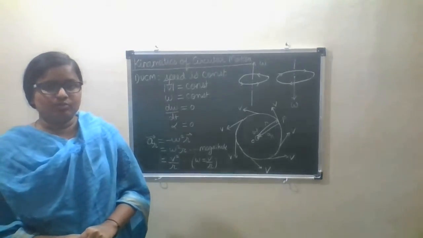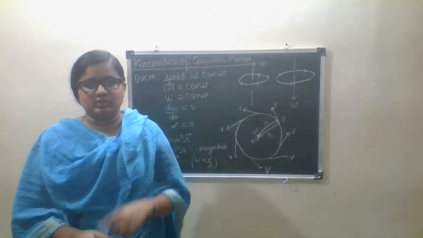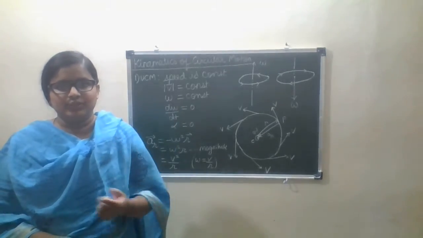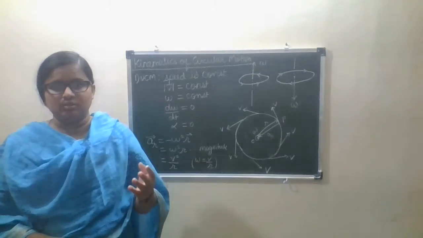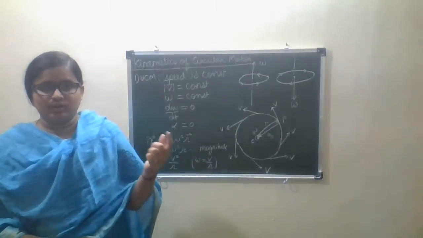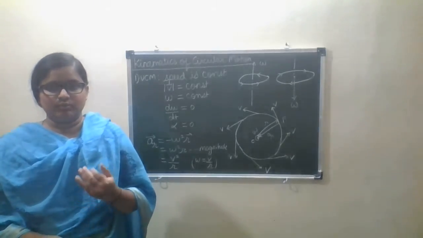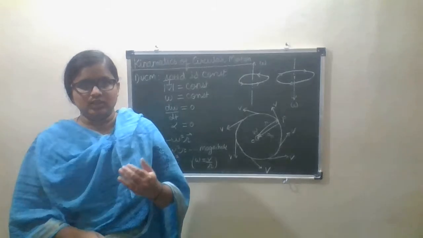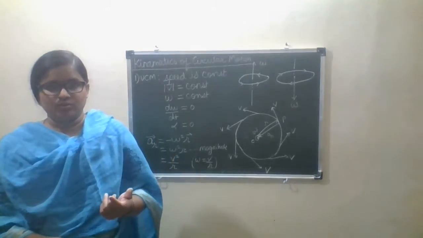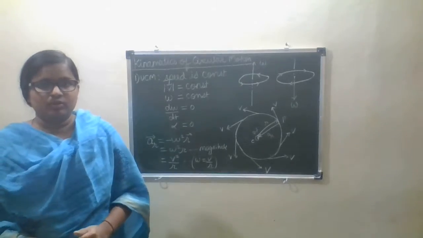In uniform circular motion, while the particle is performing circular motion, its speed remains constant, its angular velocity also remains constant, and d omega upon dt is 0 and angular acceleration is 0.